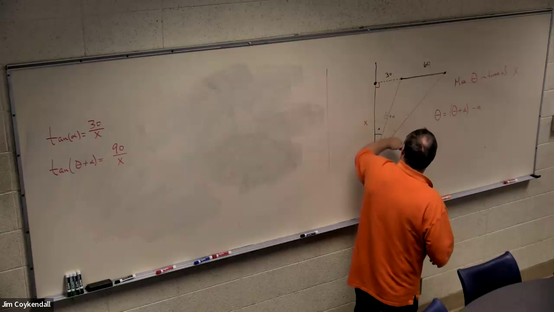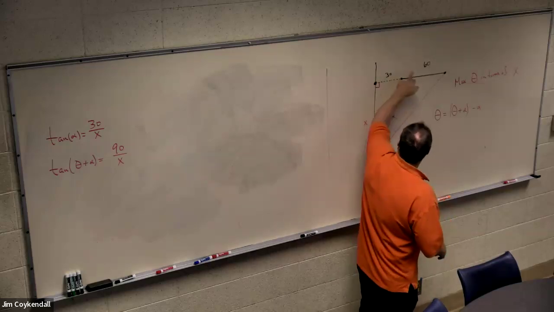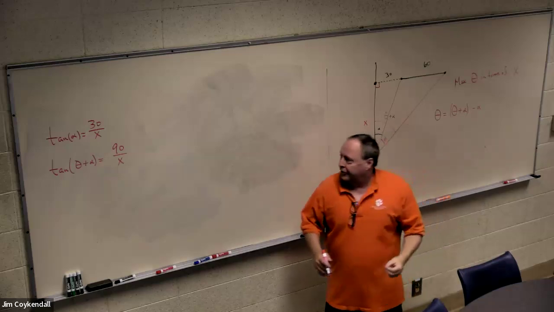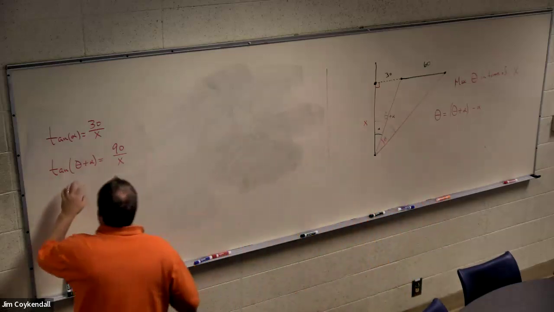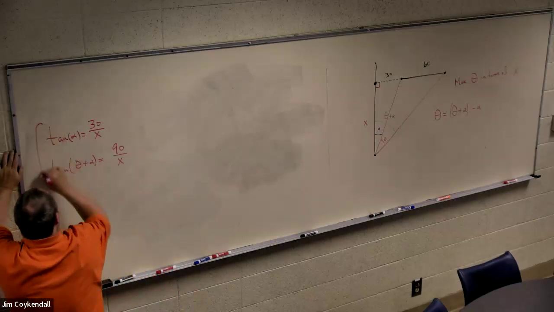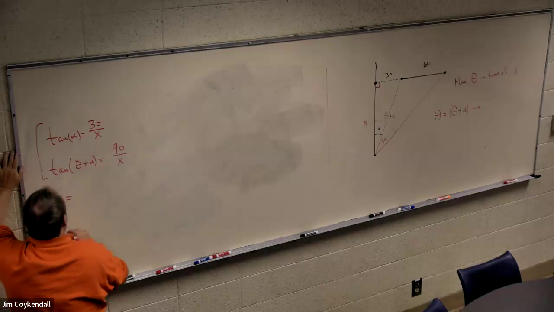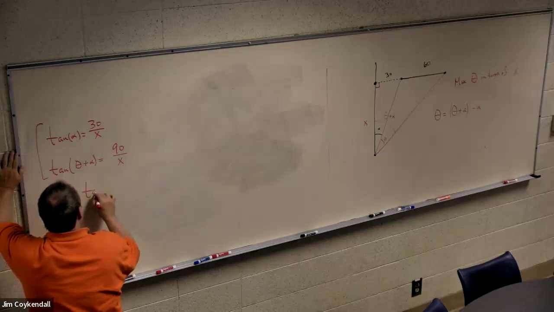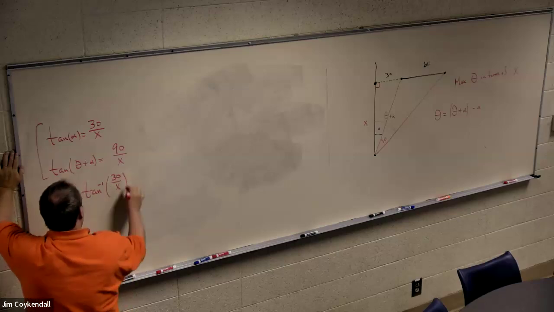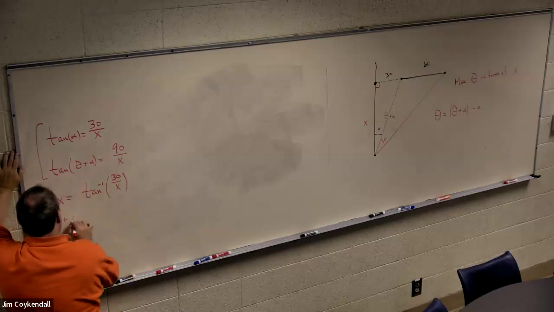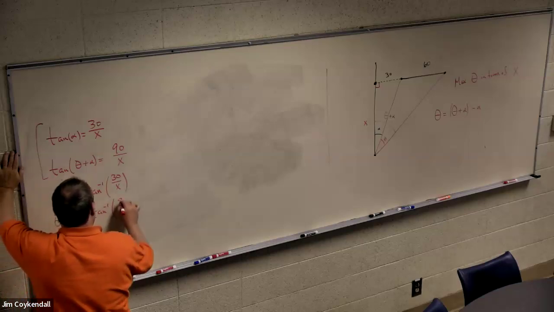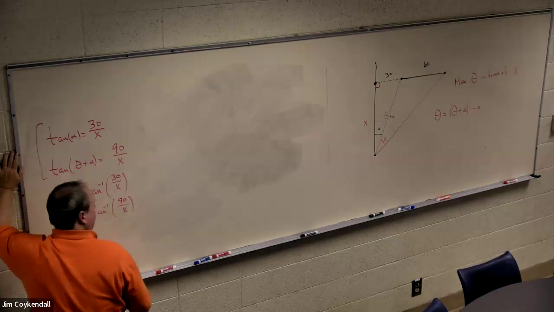The tangent of the whole big angle is opposite over adjacent, so it's 90 over x. So I can find alpha and theta plus alpha this way. Let me rewrite this. Alpha is inverse tangent of 30 over x, and theta plus alpha is inverse tangent of 90 over x.